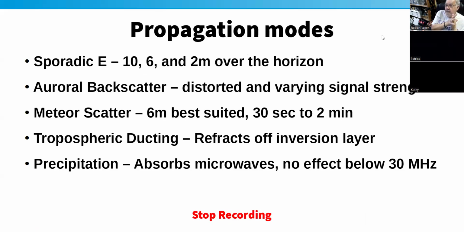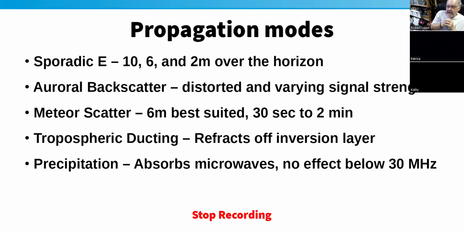Okay, there are some propagation modes that you can find in the VHF range. There's one called sporadic E, where you can get some, it's not exactly refraction, you get reflections off of particles in the E layer of the atmosphere.